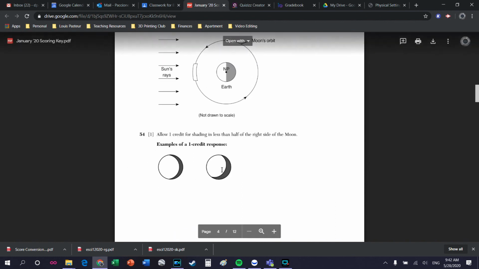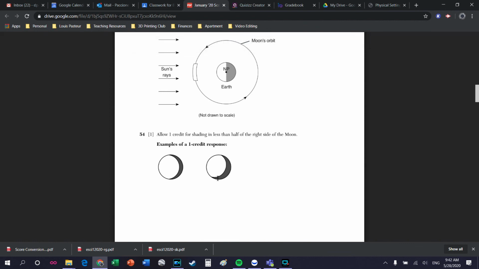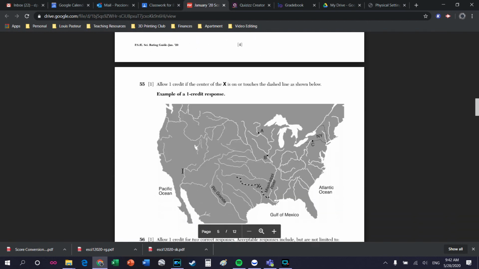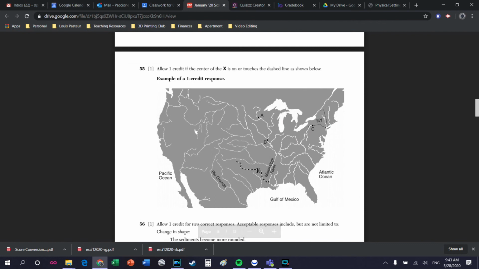You can see here with the moon phase, even if it's tilted, they'll give you a correct response. Even if it's tilted up the exact same way, that's still a correct response. But the perfect response is, of course, this here. Okay, a waning gibbous. All right. You can see here where the X should be. There's only one location. Okay, so things like that.